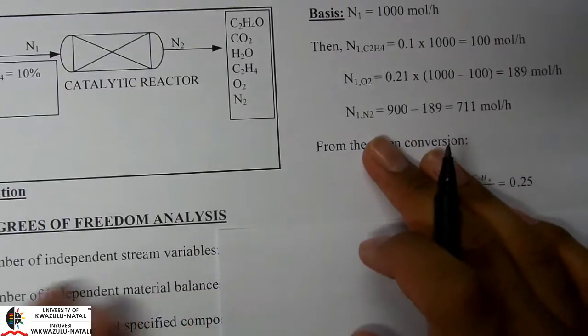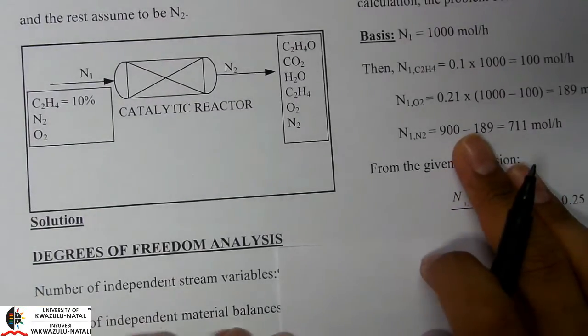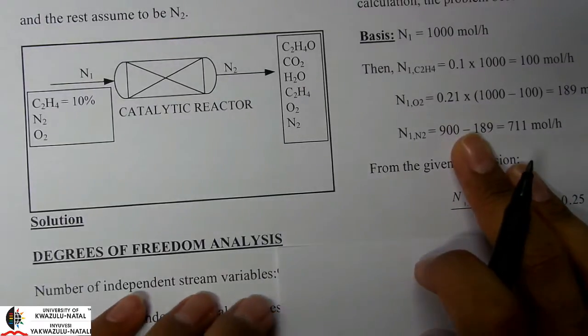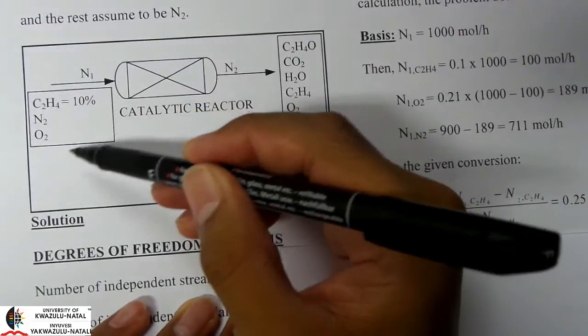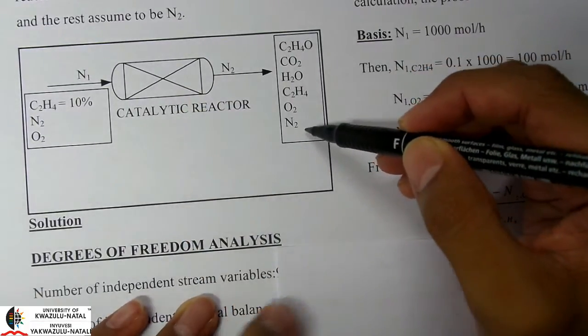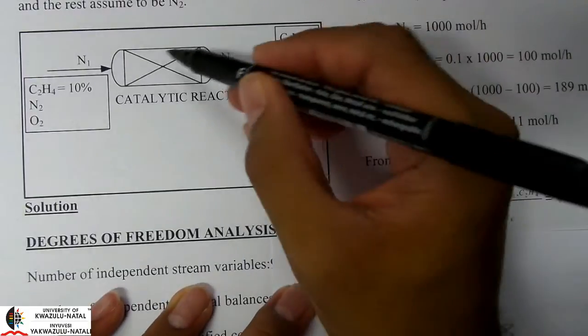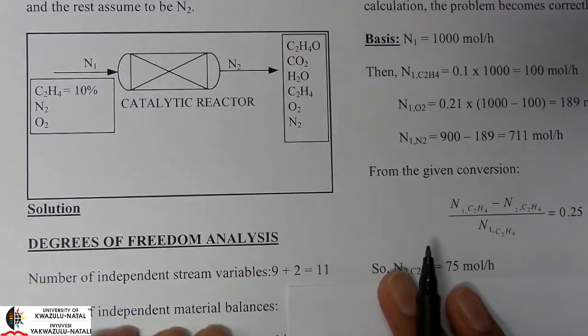So let's look at our degree of freedom analysis. Once again, we count as normal for our independent variables. We have 3, 4, 5, 6, 7, 8, 9 stream variables plus 2 reactions, so that's 9 plus 2, 11.